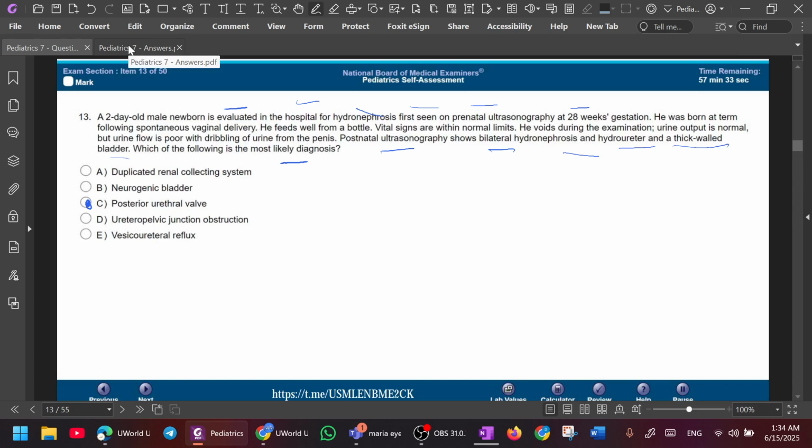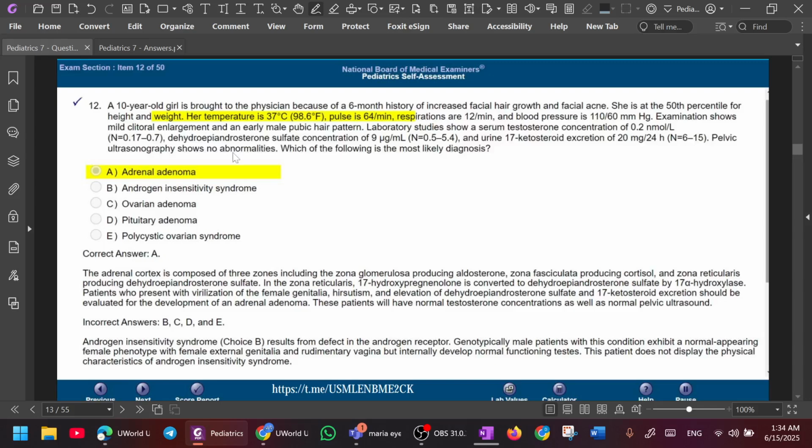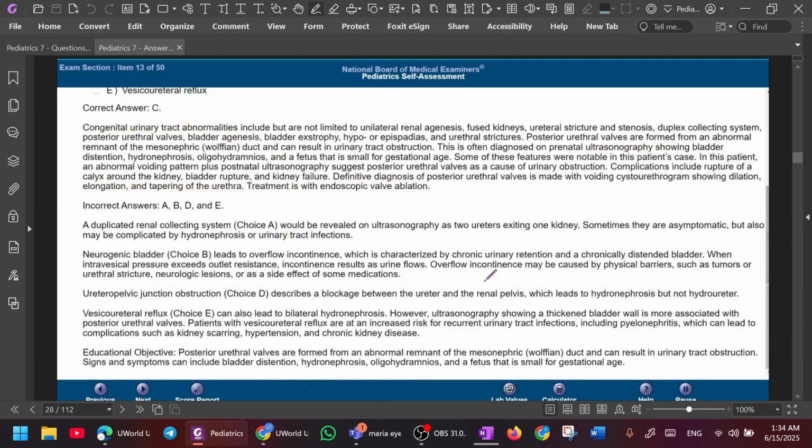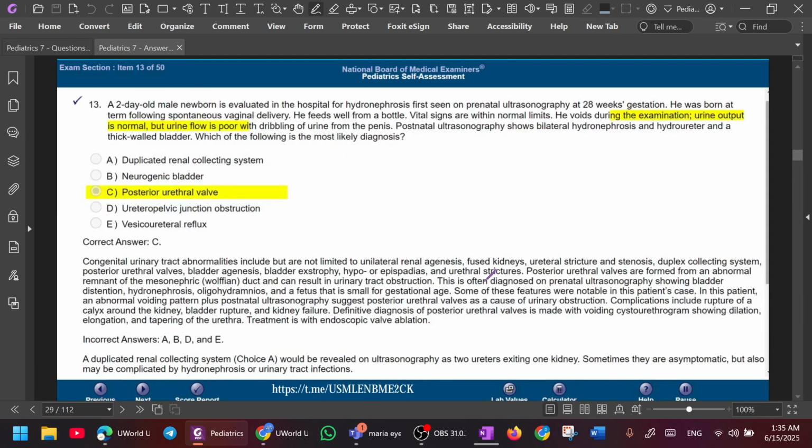So it is posterior urethral valve. Congenital urinary tract abnormalities include, but are not limited to, unilateral renal agenesis, fused kidneys, ureteral strictures and stenosis, duplex collecting system, posterior urethral valve, bladder agenesis, bladder exstrophy, hypospadias, epispadias, and urethral strictures. Posterior urethral valves form from an abnormal remnant of the mesonephric Wolffian duct that results in urinary tract obstruction.